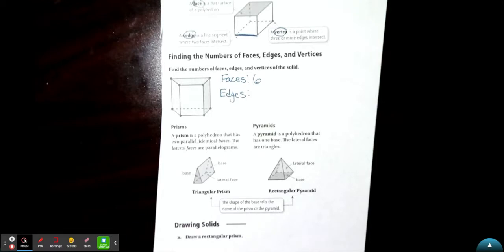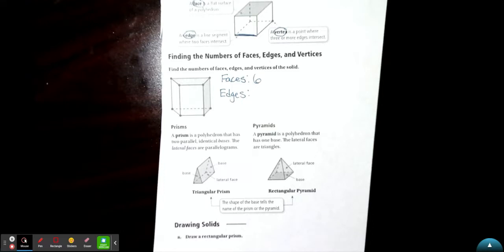Some of us do, some of us don't. Let's try another one. 8. Do we agree? No. 11. Who's 11? Brennan, what'd you get? 8. No. 19. Who's 19? You got 12.